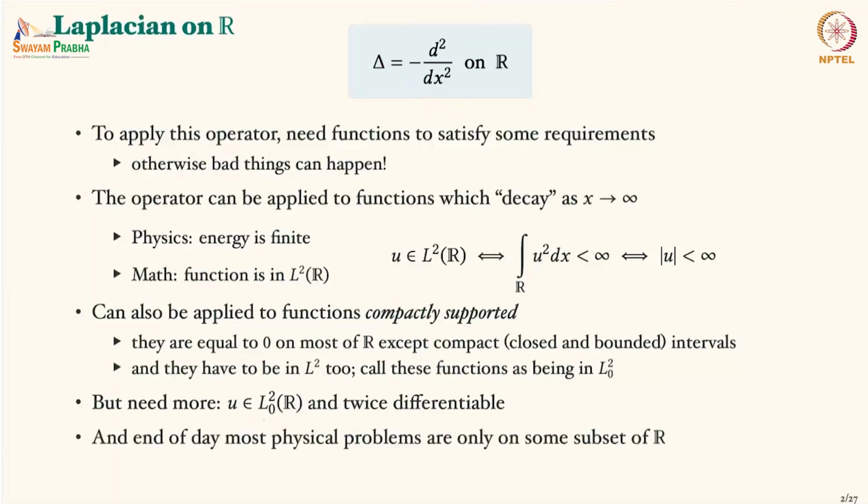But at the end of the day, all our physical problems, whether in physics or in graphics, have the real action or setting in some subset of R, not all of R. So there are these complications, but maybe this is still a bit too much. Let's start with something even simpler than this.